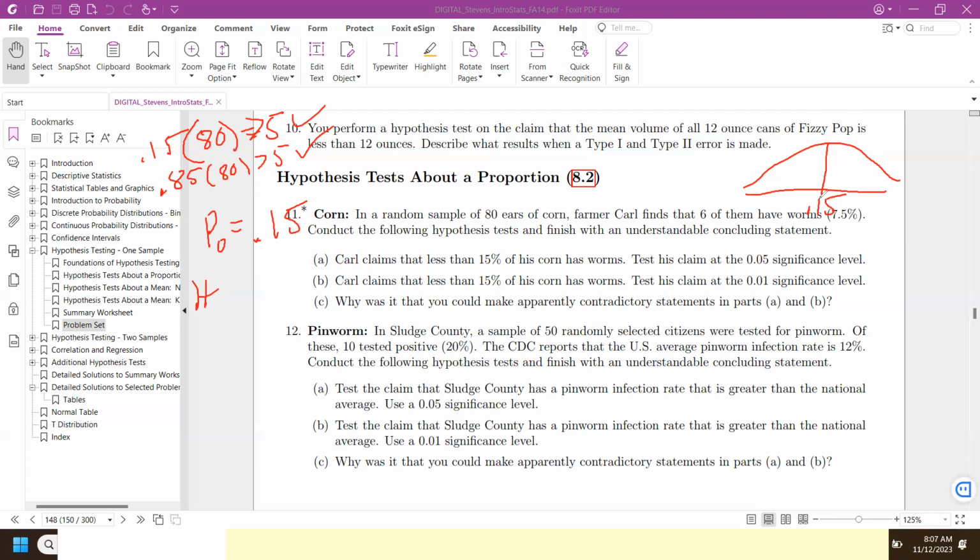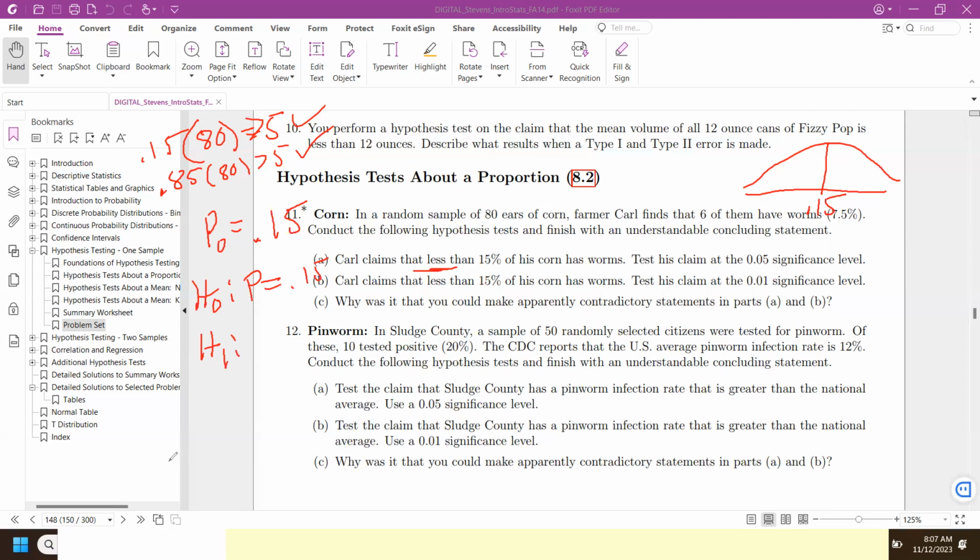Maybe some consumer group wants to safeguard the public and see if he's lying to us. So H0: p equals 0.15. We could go with a two-tailed test, but since he said less than, we'll go with a left-tailed test.